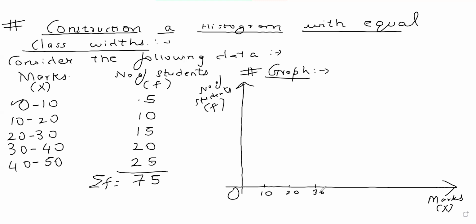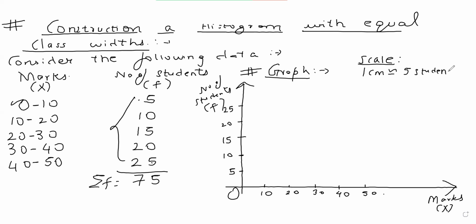Let's say 1 centimeter. Okay. And similarly, students can choose a scale. I think the best is to choose 5 because these are all multiples of 5. So 1 centimeter represents 5 students on the vertical axis. 5, 10, 15, 20, 25. The scale I've chosen is 1 centimeter represents 5 students on the y-axis. Or I can write vertical axis.